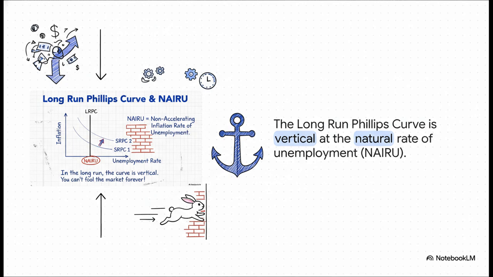In the long run, the curve is actually a straight vertical line. It sits at what economists call the natural rate of unemployment. What that means is, once people start expecting inflation, it stops working its magic. No matter how much you try to juice the economy, unemployment is going to snap right back to this natural level. You just can't buy yourself permanently lower unemployment with higher inflation. The market is just too smart for that.